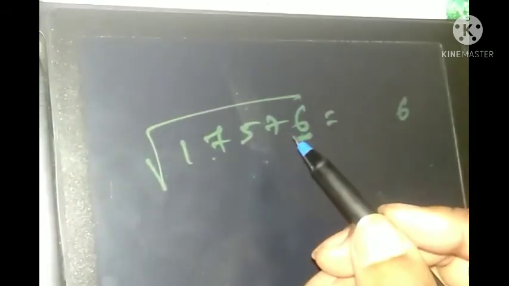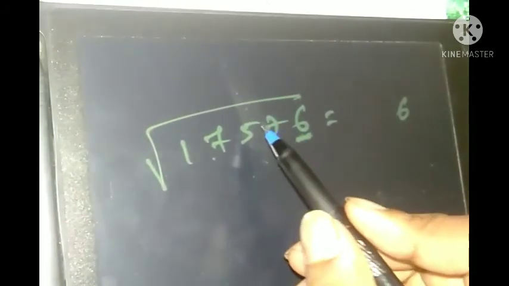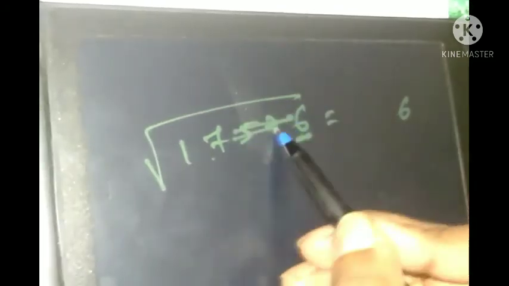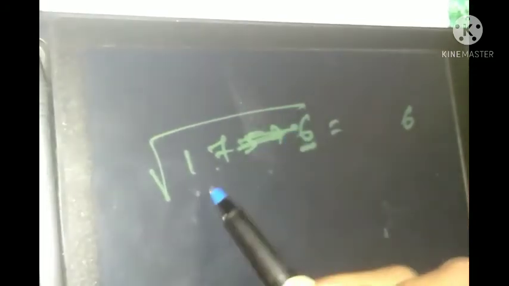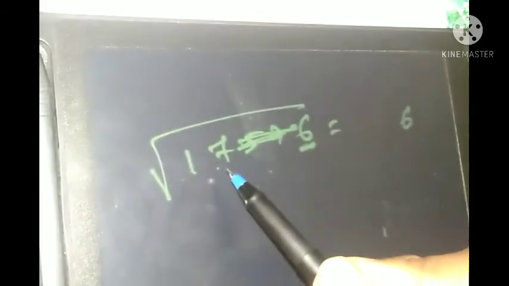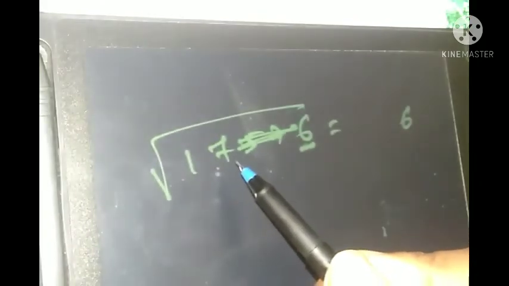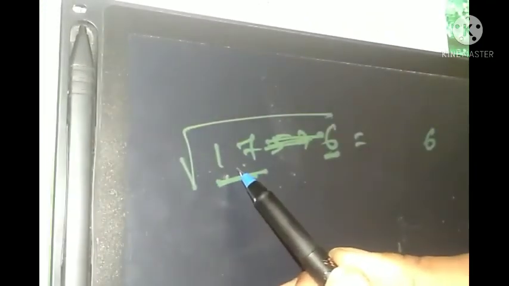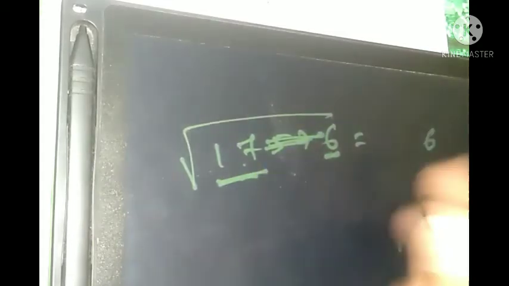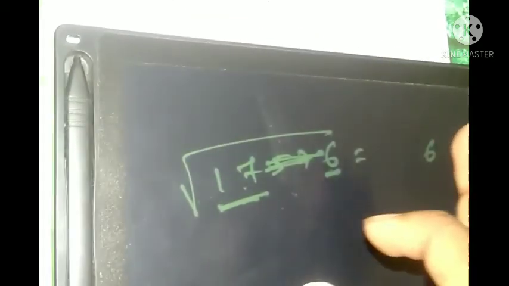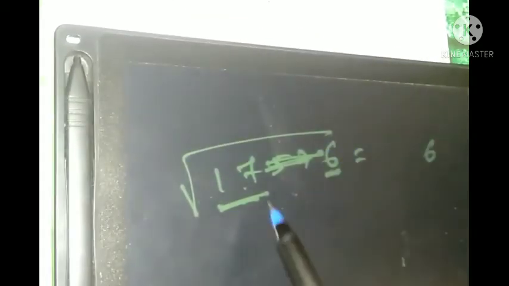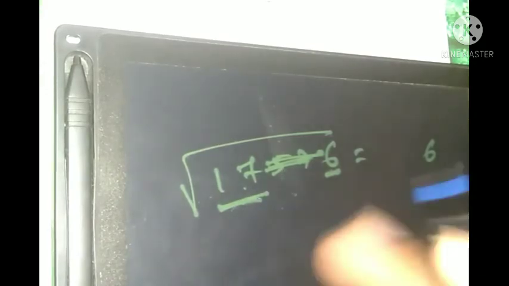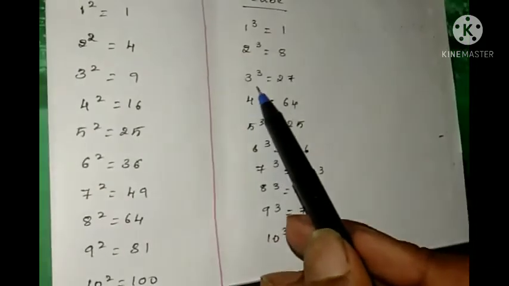In square root we cancel out only one number, but here in cube root we cancel two numbers. So 17 is there. Which number do we take whose cube is not greater than 17? Suppose we see 3 cubed, that is 27. 27 is greater than 17.